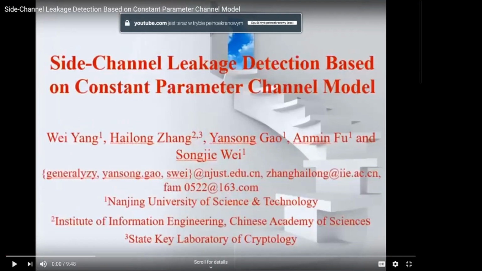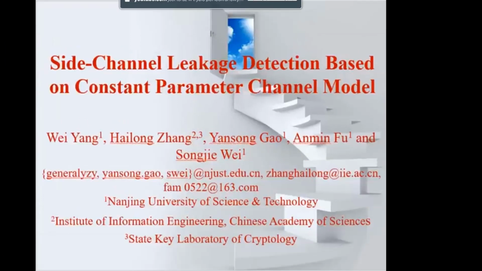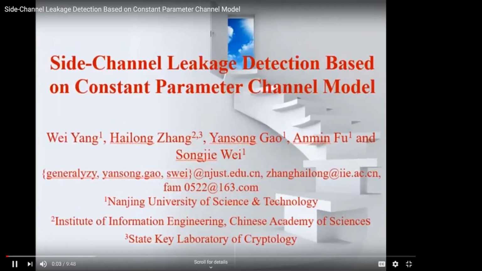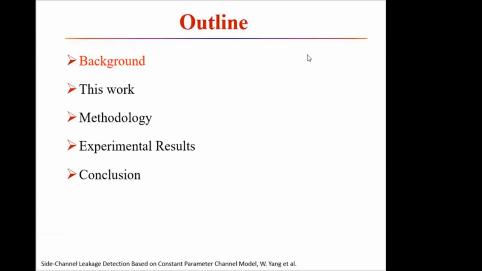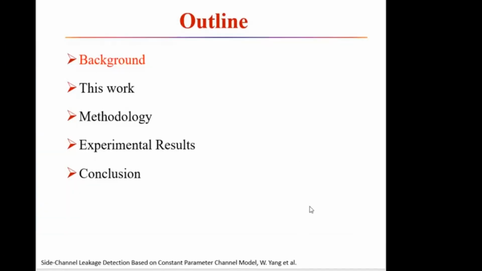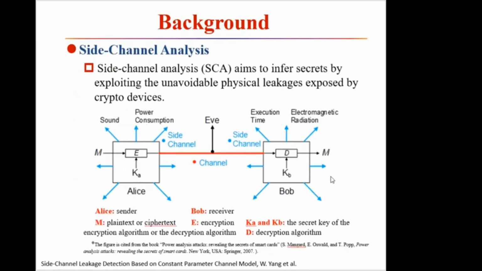Hello everyone. Our topic is side channel leakage detection. The lecture is organized into these 5 parts. When a device executes its built-in crypto algorithm, it leaks traceable side channel information such as sound, power consumption, execution time, electromagnetic radiation, and so on.